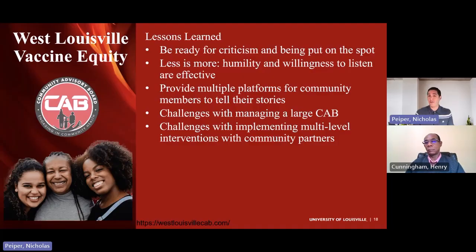There were about 15 to 20 various community partners and organizations that we were working with. So there's just a lot of logistical challenges that go into doing that.